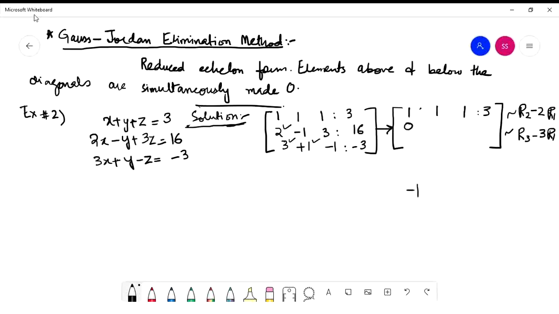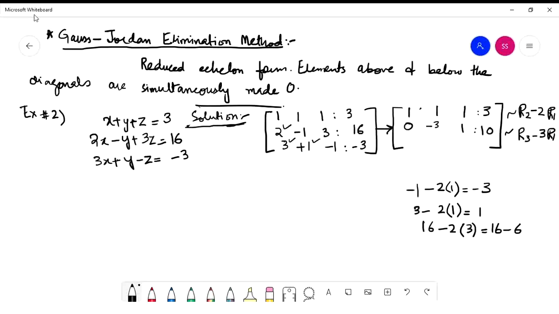Minus 1 minus 2 into 1 makes it minus 3. You have to be very clear about your calculations, because one mistake can lead to the wrong solution. 3 minus 2 into 1 equals 1. Also 16 minus 2 into 3, so 16 minus 6 is 10.